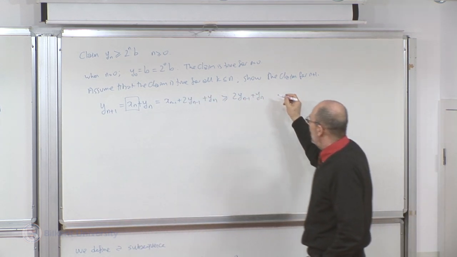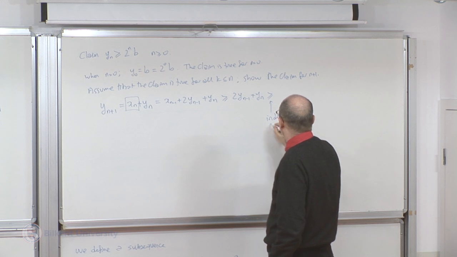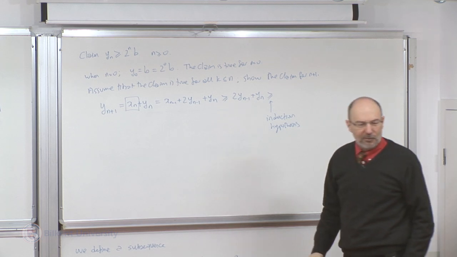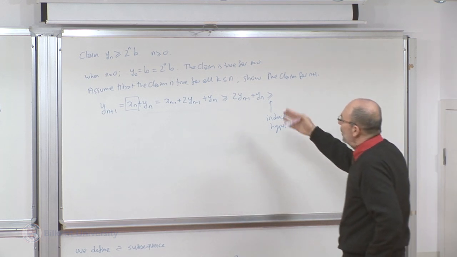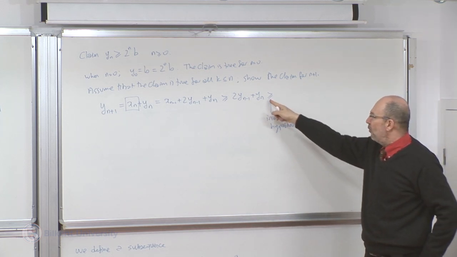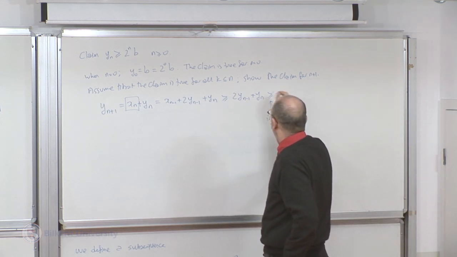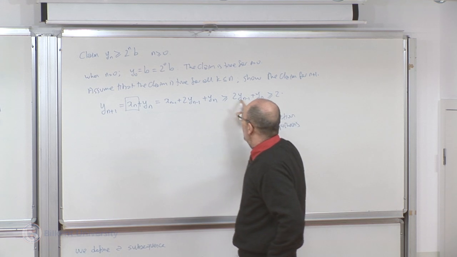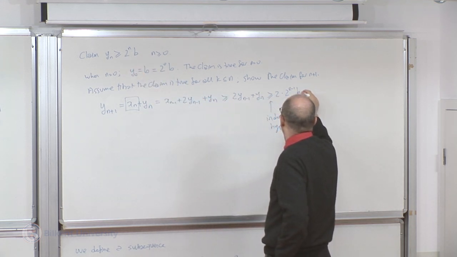Now I use the induction hypothesis. If you cannot spell the word hypothesis, you can say induction assumption. At every step you have to explain to yourself why you are doing this. The reason is that we are using the assumption. The assumption says that 2 times y_(n-1) is larger than or equal to 2 to the power n minus 1 times b.